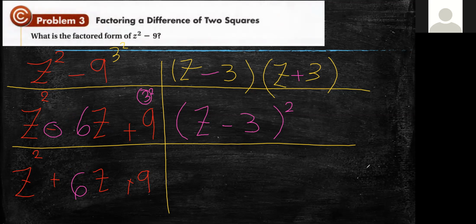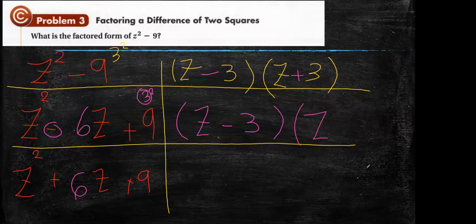Yes, teacher, it's negative 6z. So it can be factored as z minus 3 squared, or you can write it also as z minus 3 times z minus 3. And the second one down here will have the same steps.